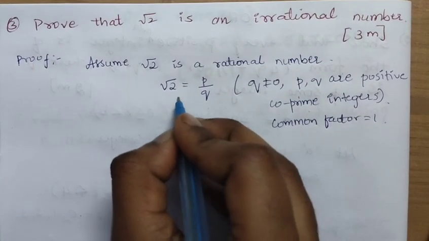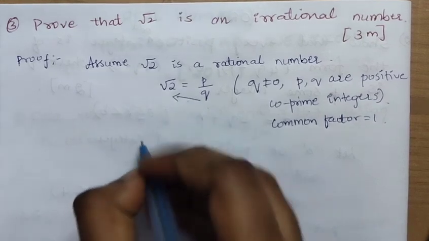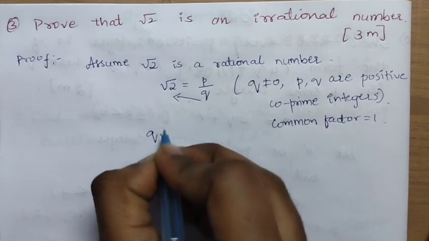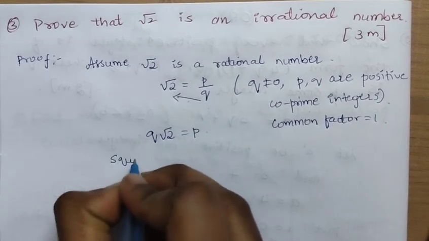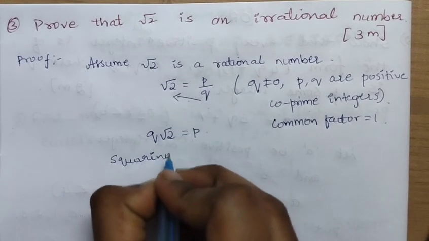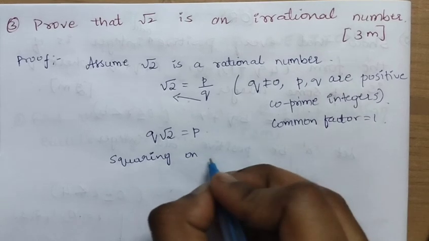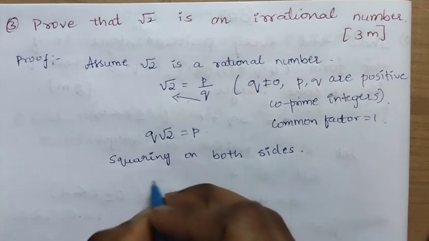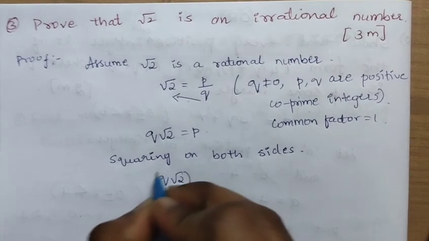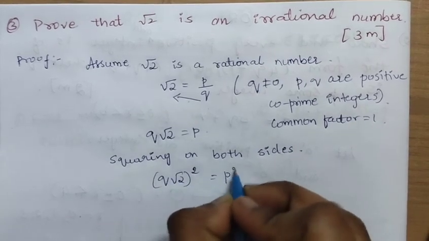Now if I take this q to the left hand side, it becomes q root 2 is equal to p. Squaring on both sides, q root 2 whole square is equal to p square.